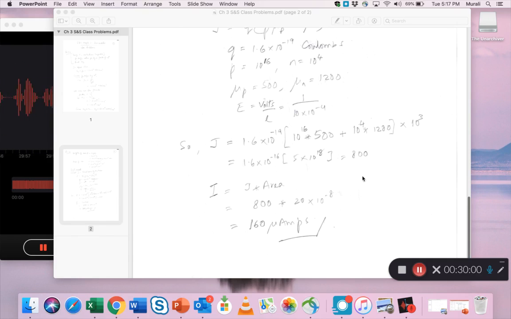So if you solve all this, you get 800. Take 800 multiplied by the cross-sectional area and you get 160 microamps as the current in that bar of silicon, the drift current only.